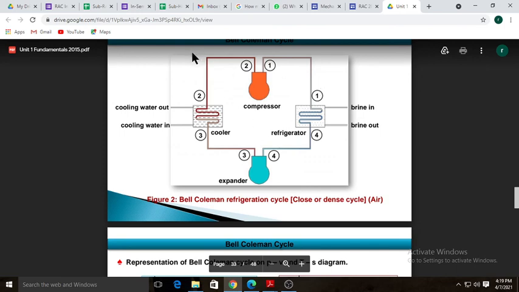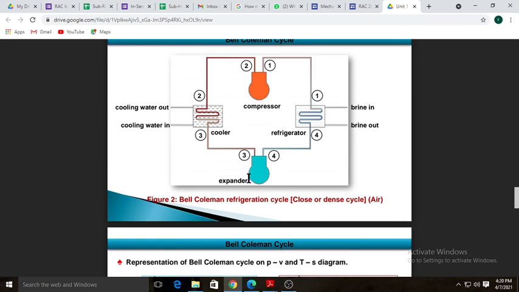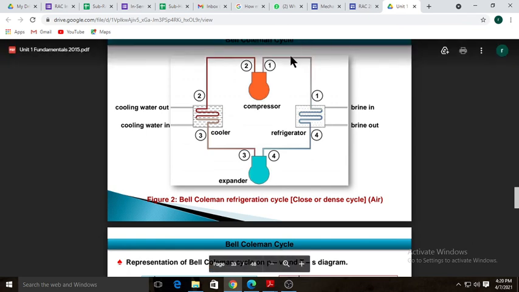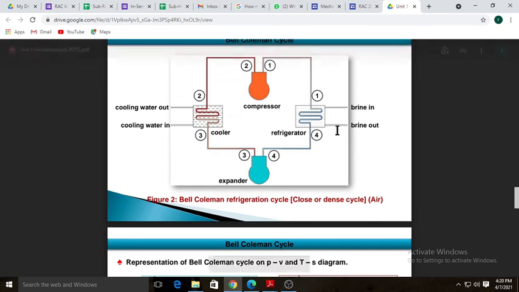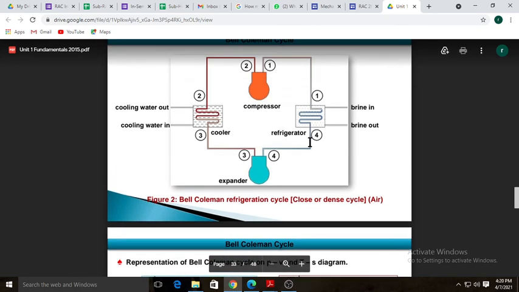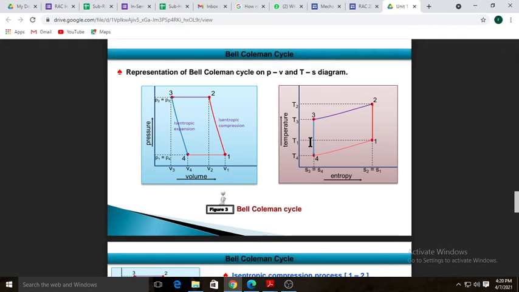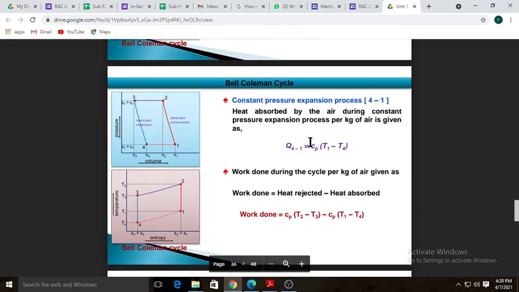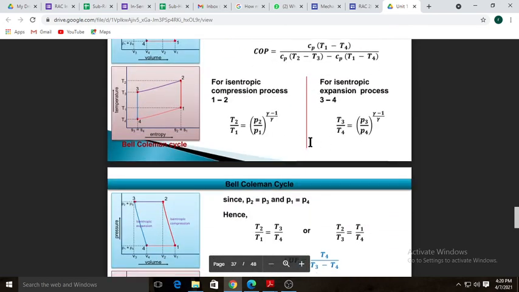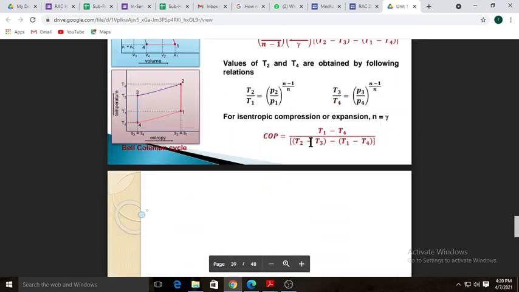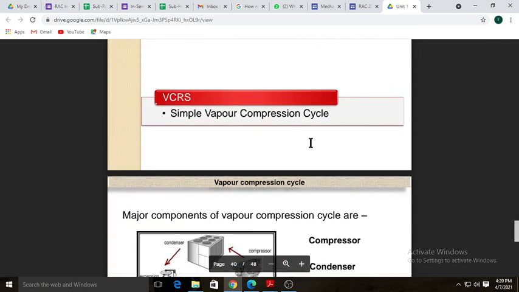Here air is used as the refrigerant, which means air is compressed, air is cooled, then air passes through the expander and produces the refrigeration effect. We will see this cycle in the next section.